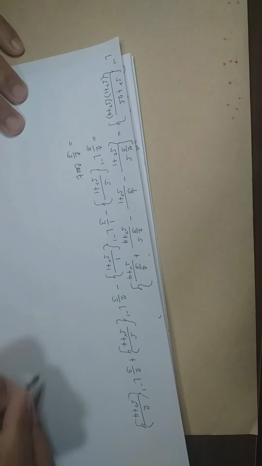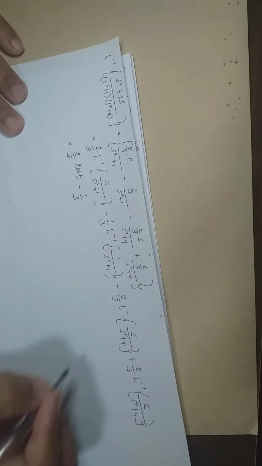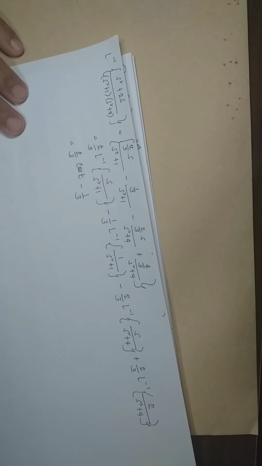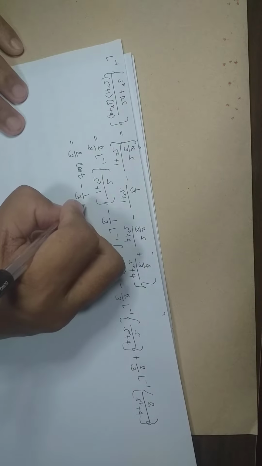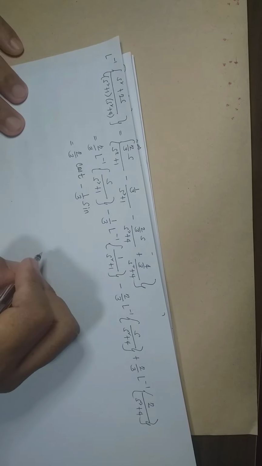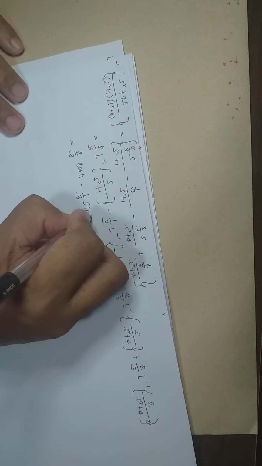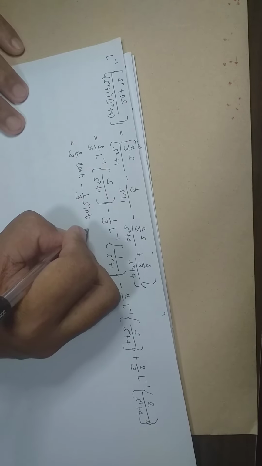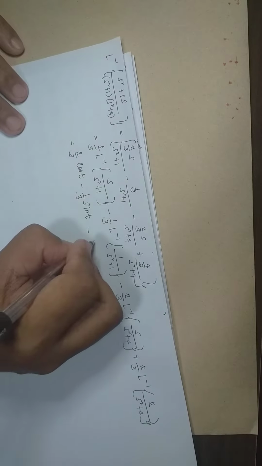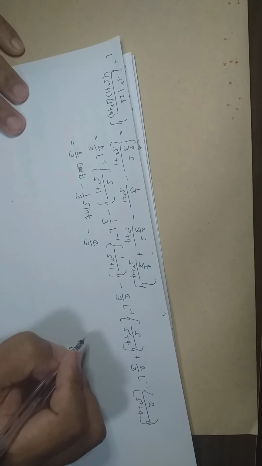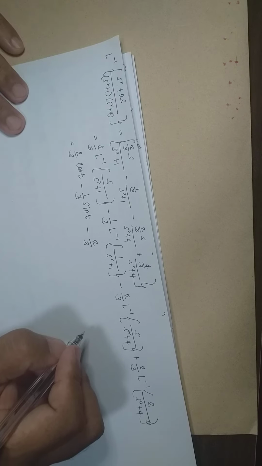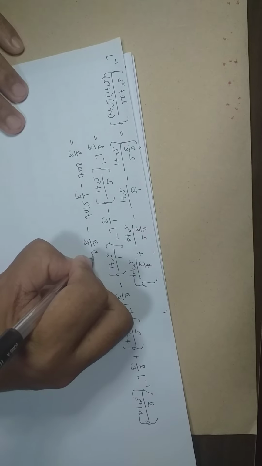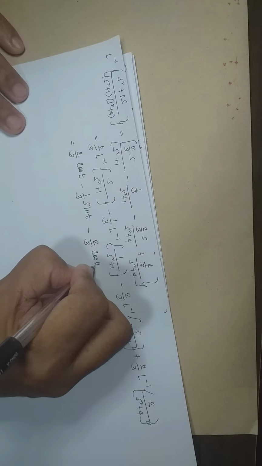Minus 1/3 of a over s squared plus a squared, that is sine at, but again a is 1, so sine t. Minus 2/3 the inverse Laplace of s over s squared plus a squared, that again is cosine, but this time 2t.